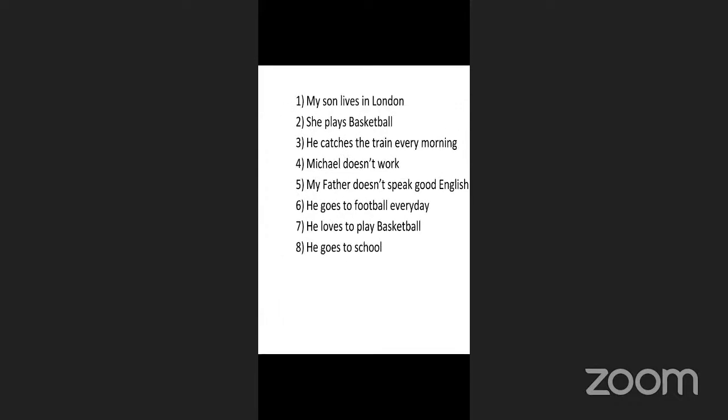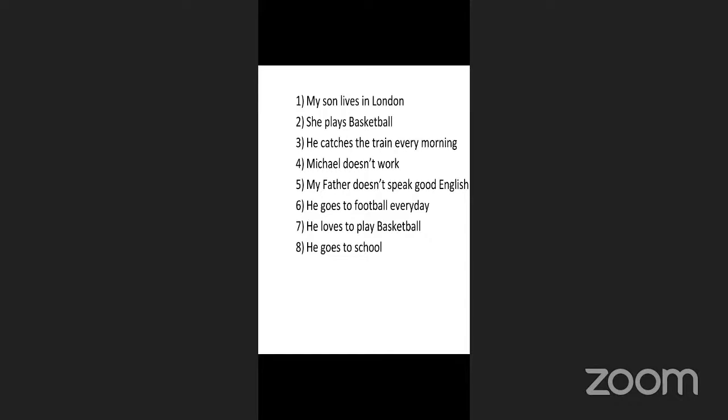Good, so number 6. Number 6, he goes to football every day. He goes to football every day. Actually, the topic is about changing simple present tense into Kenyan Sign Language.